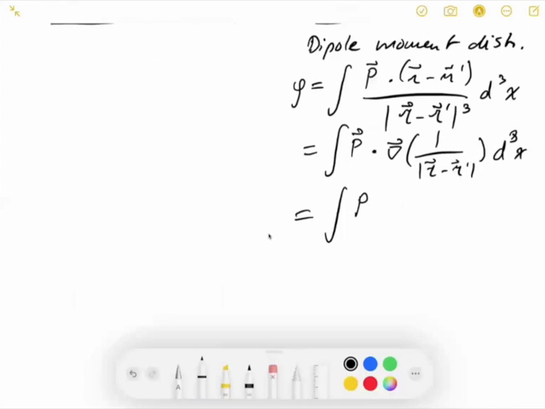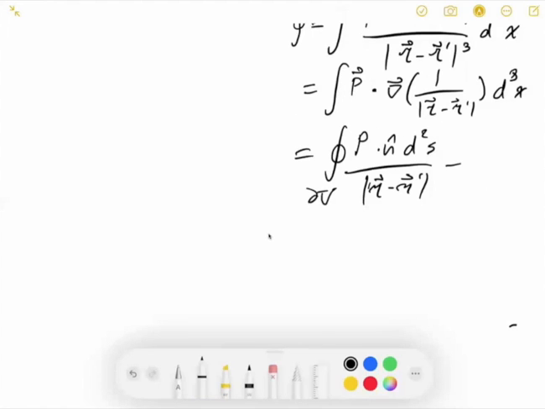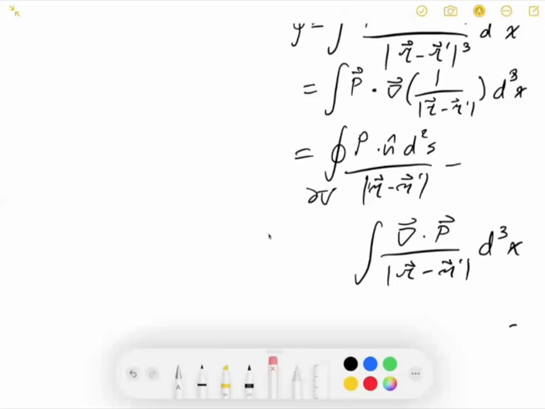We got a P dotted with a normal integrated over the surface over R minus R prime. And this was integrated over the surface, so that's the edge of some volume, minus the volume integral of the divergence of P. I might be missing primes here, but if you want, you can revisit that from the previous lecture or the notes.